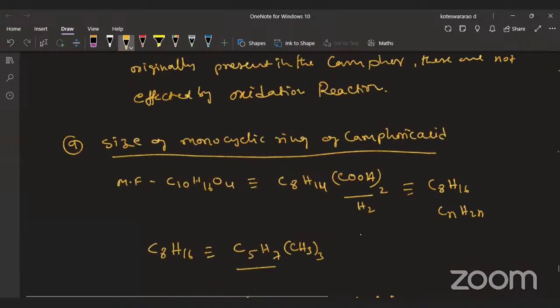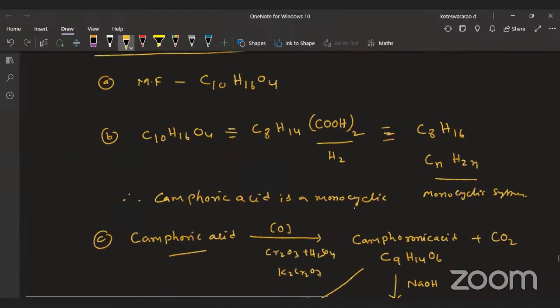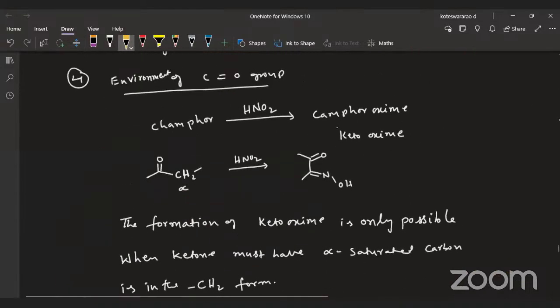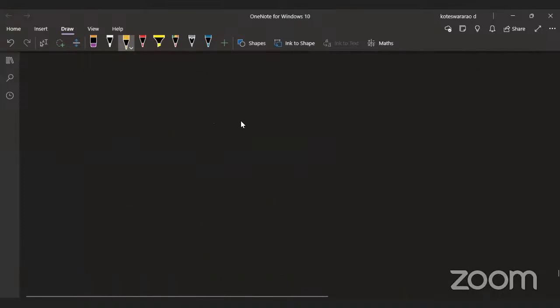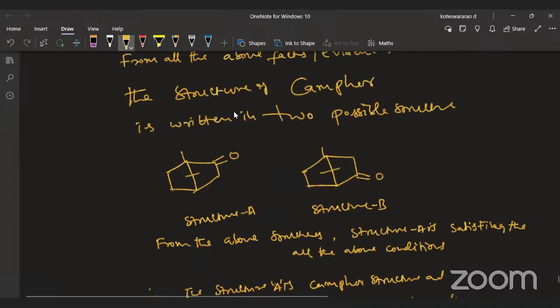Okay, sir. It is entailed from step 2. We are starting at point 1, molecular formula of camphor, up to the last point. This entire thing is the structural illustration of camphor.